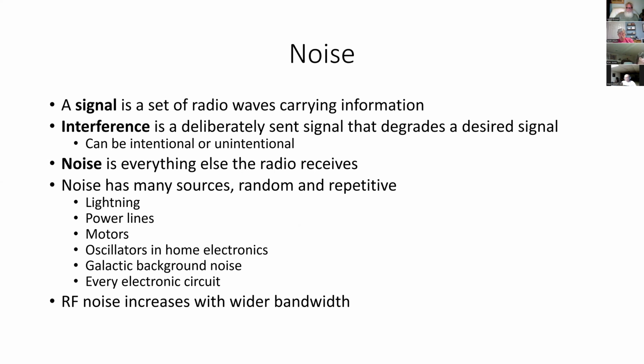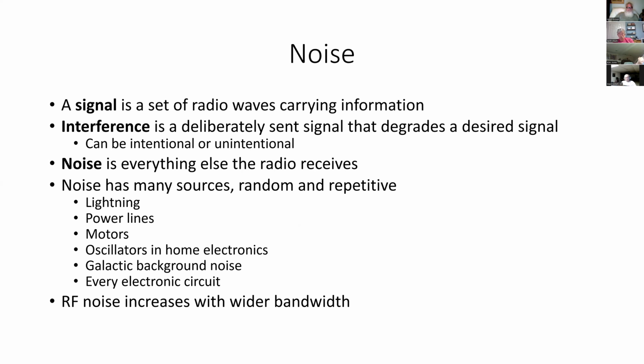It turns out also that stars emit radio waves, and so there's what's called galactic background noise, which isn't noticeable on high frequencies, but as you get into VHF and UHF, it limits the sensitivity of your radio equipment.